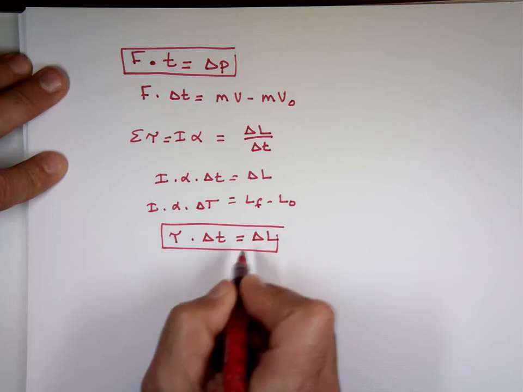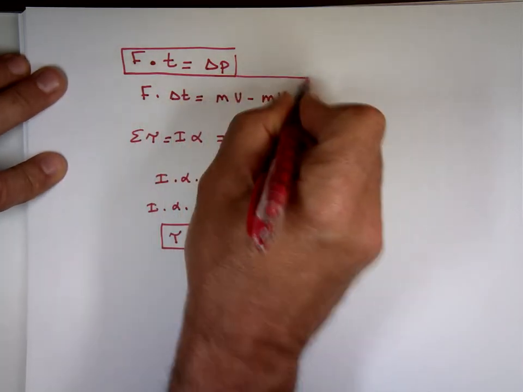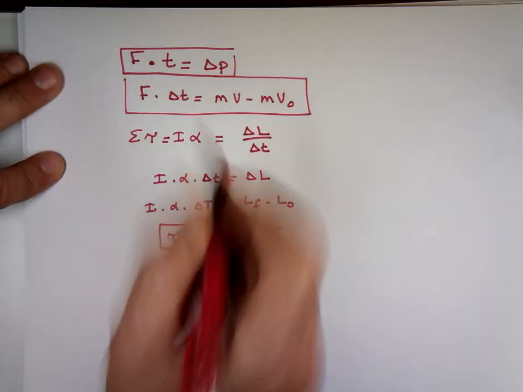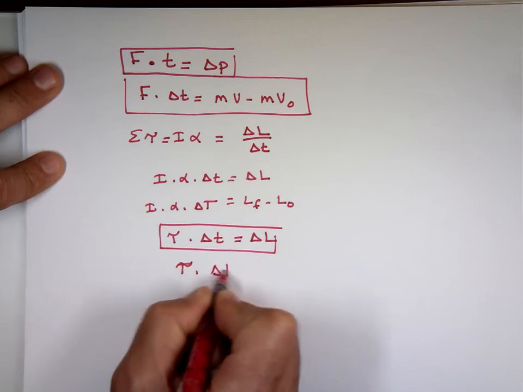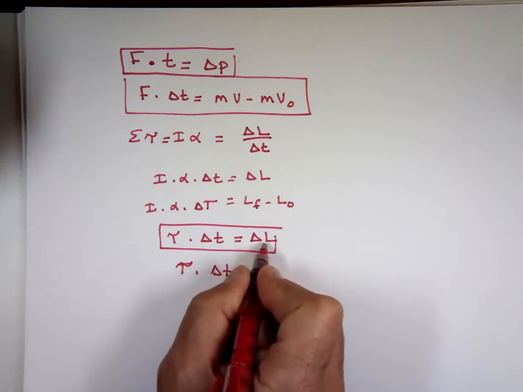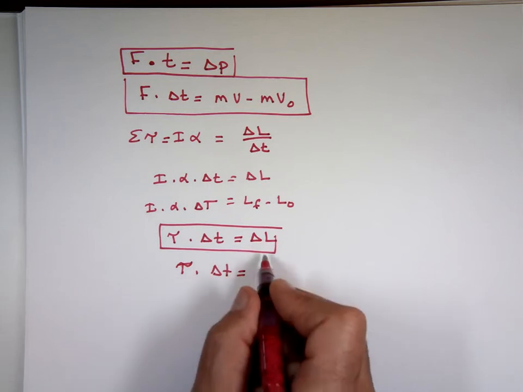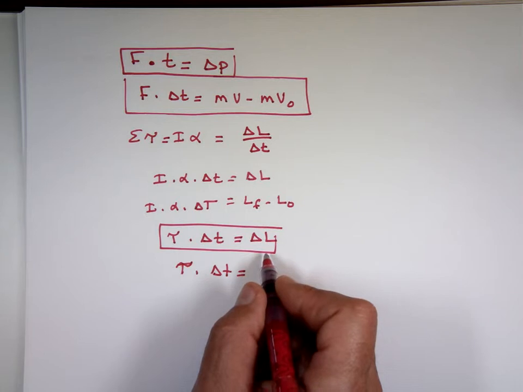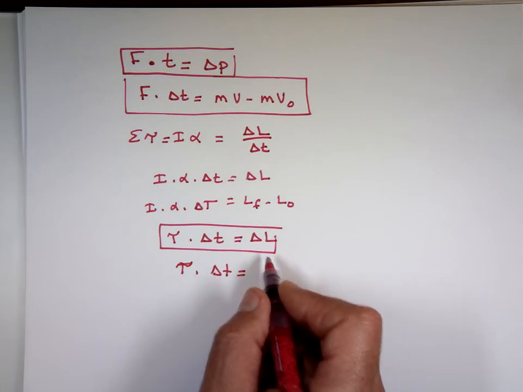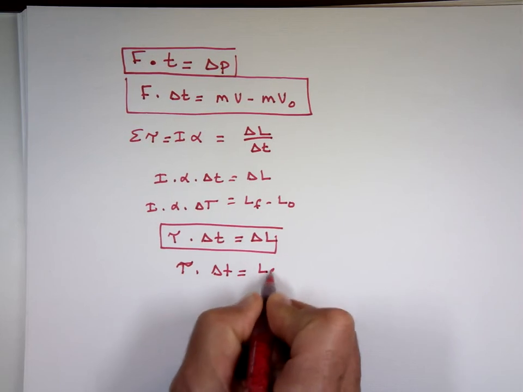This is the equation for linear again. Torque times delta t equals the final angular momentum minus the initial angular momentum, L final minus L initial.